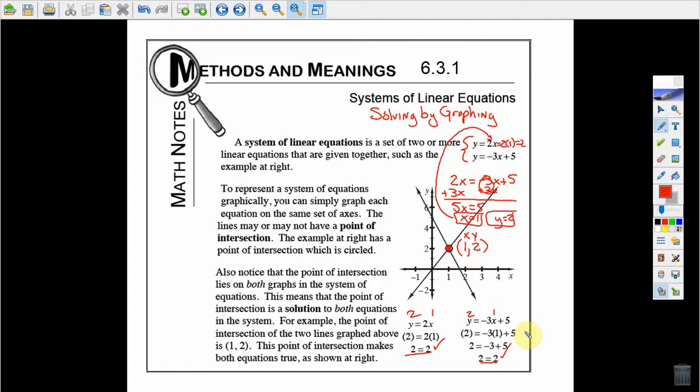Interestingly, when you have two linear equations, you have three possibilities for the number of solutions.